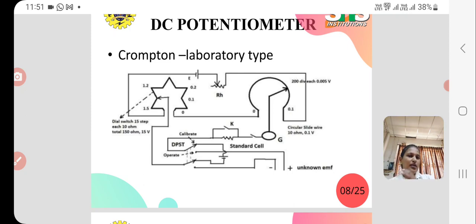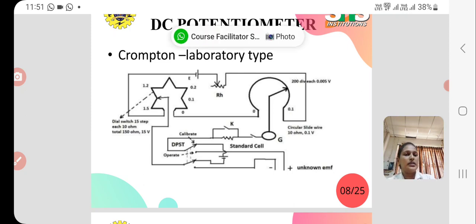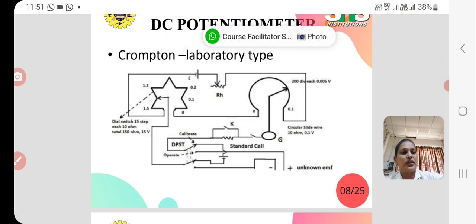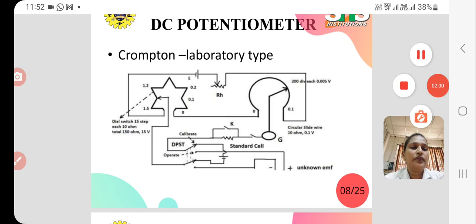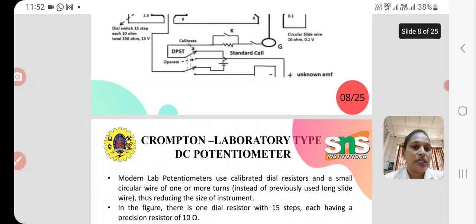The basis of all potentiometers is the slide wire potentiometer. If we have a clear idea about how the basic slide wire potentiometer works, then it is easy to understand how the rest of the types of potentiometers work. Here a Crompton potentiometer is given. The Crompton potentiometer circuit diagram will be like this, as shown in the figure.